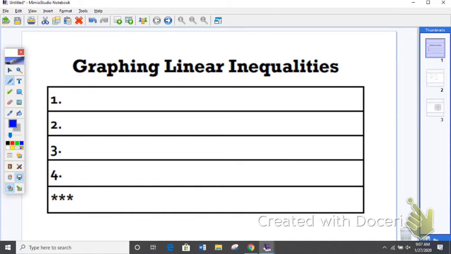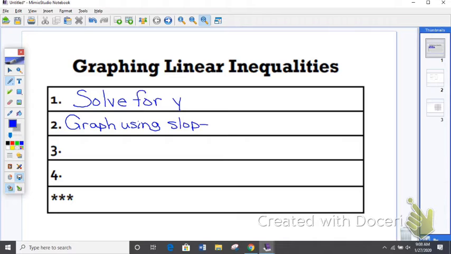So step 1 is to solve for y. So we've been solving equations for y since probably the beginning of November, writing equations in slope-intercept form. Step 2 is to graph using our slope and y-intercept.